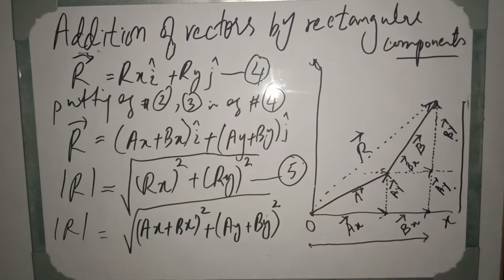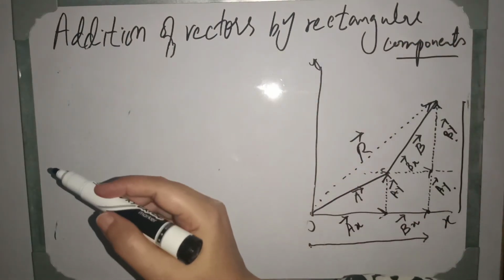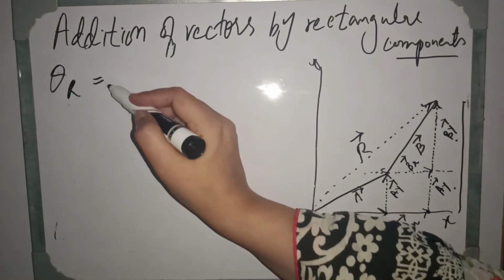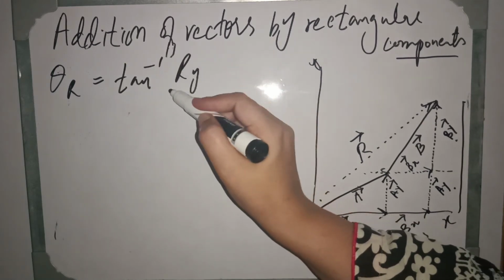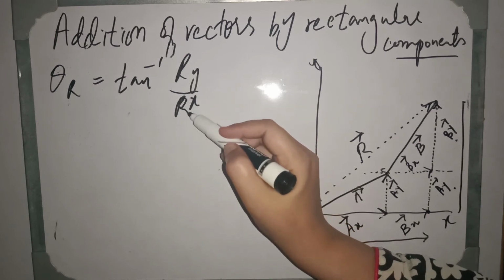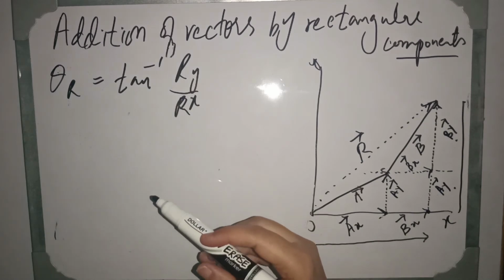Now I need to find out the direction of the resultant vector. To find out the direction of the resultant vector, we use theta r. Theta r is equal to tan inverse of ry divided by rx, as tan theta is always used to find out direction.